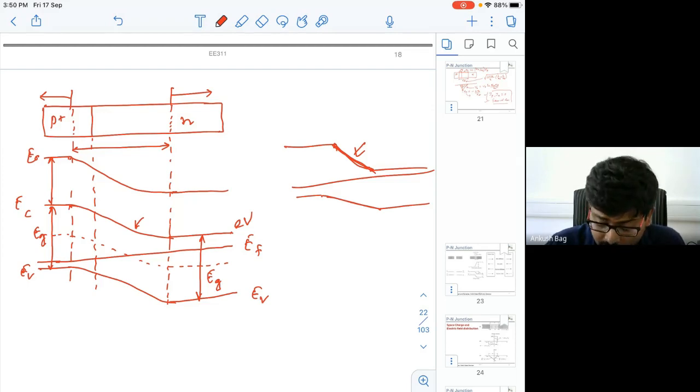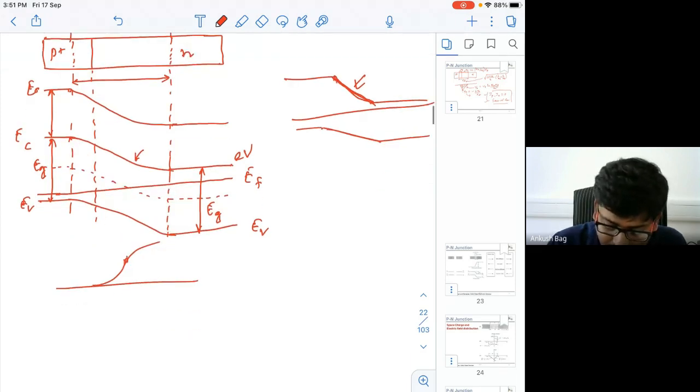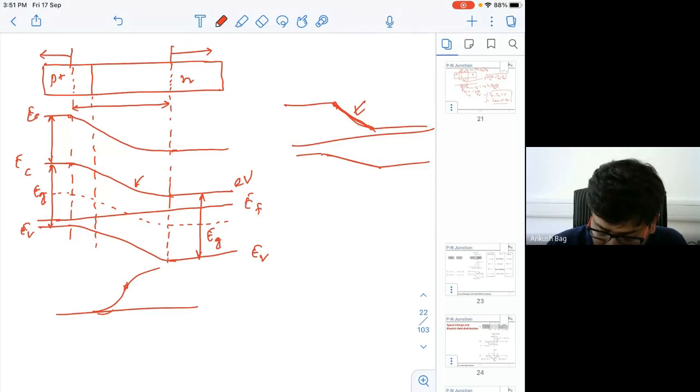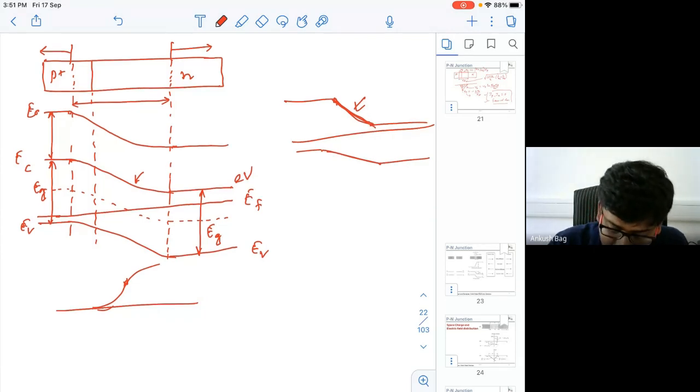But the conduction band and valence band represent the potential of electrons, the potential calculated from the space charge carrier concentration in the depletion region. So they are the potential levels, not the electric field.